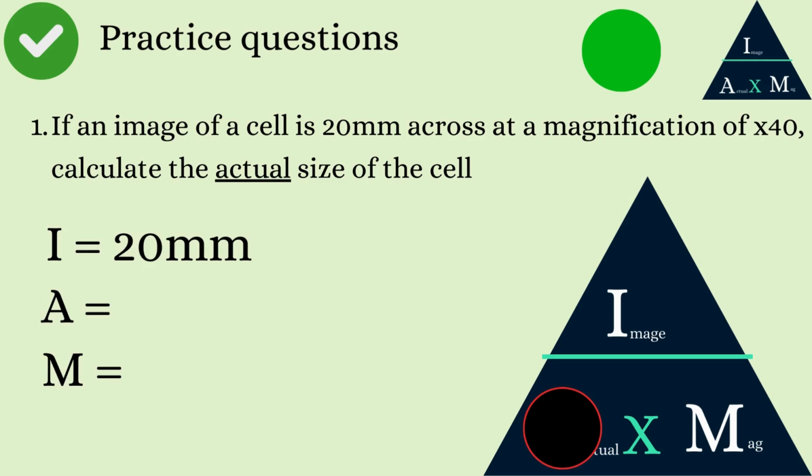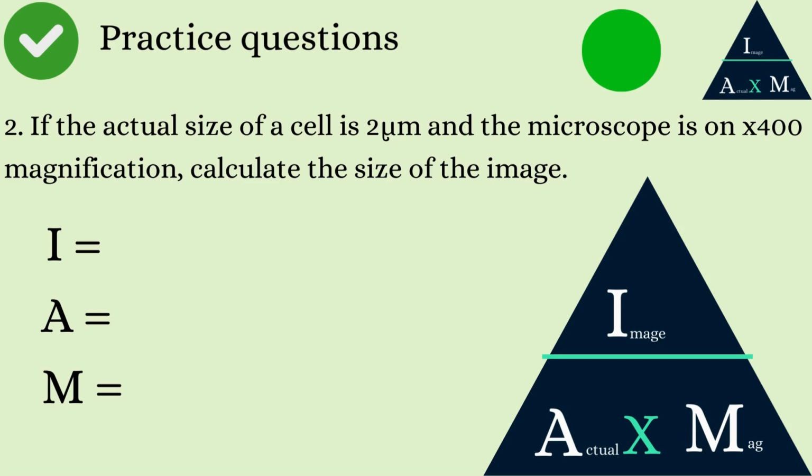Now I can use the remaining letters to find the information, such as I, the image size, which is 20 millimeters, and magnification at 40 times. Using our rules to work from the top down and where the line is division, our calculation becomes 20 divided by 40, resulting in an actual size answer of 0.5 millimeters.